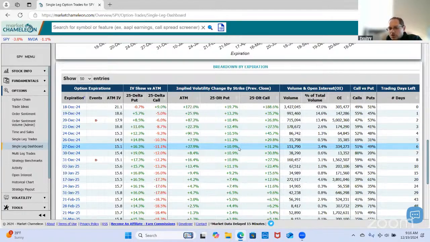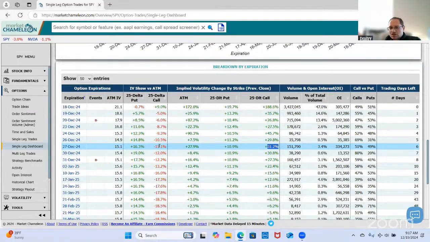The put implied volatility was up 10.9%, and the call implied volatility was up 31%. So even though the skew looks like it's to the downside, the premium is to the downside, the relative change was that the calls increased by a bigger percentage.